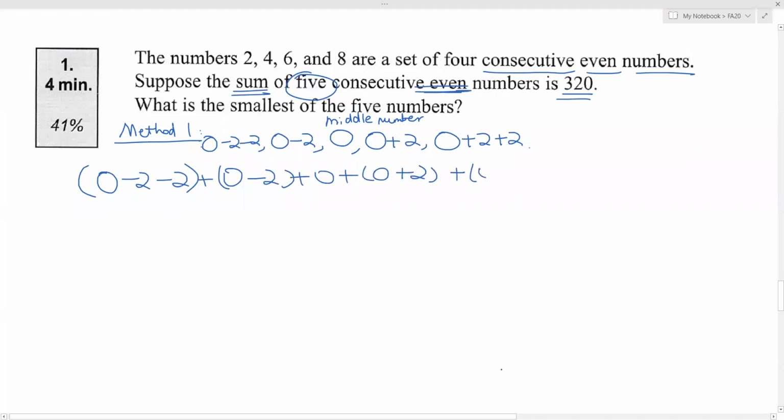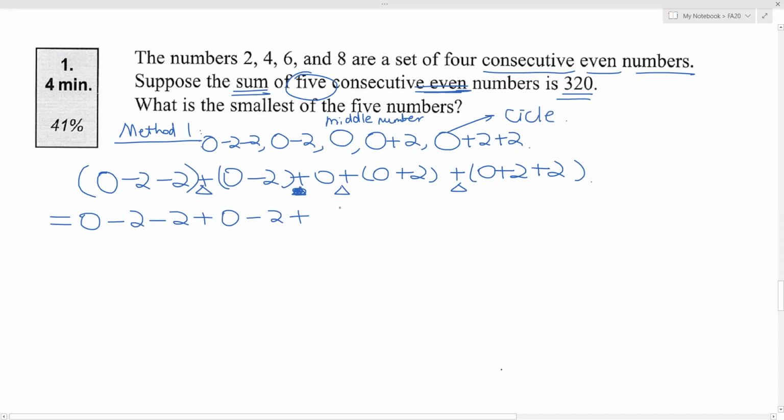Then she observed that if we get rid of the parentheses, the sign before the parentheses is a plus sign. So we just keep writing everything. Again, this is a circle. It's not 0, okay?